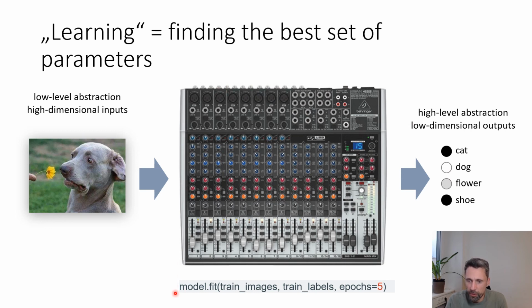And for you, as a practitioner, that oftentimes means calling one function, right? So given a set of training images and respective training labels, we just call that function fit. So we optimize those parameters to optimally represent input and output. Now, how does that work?